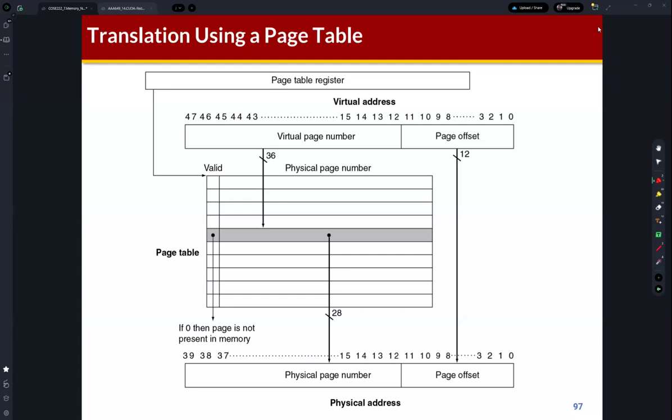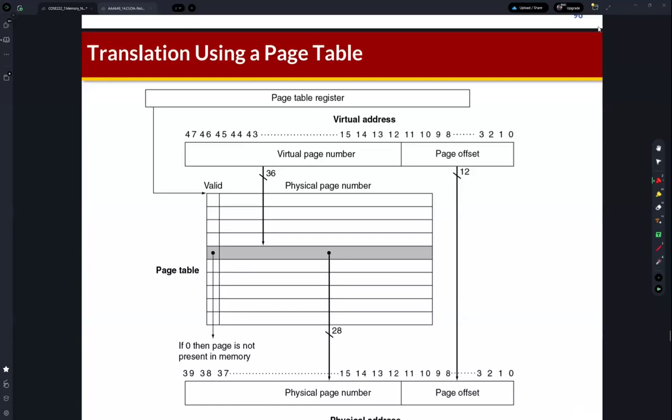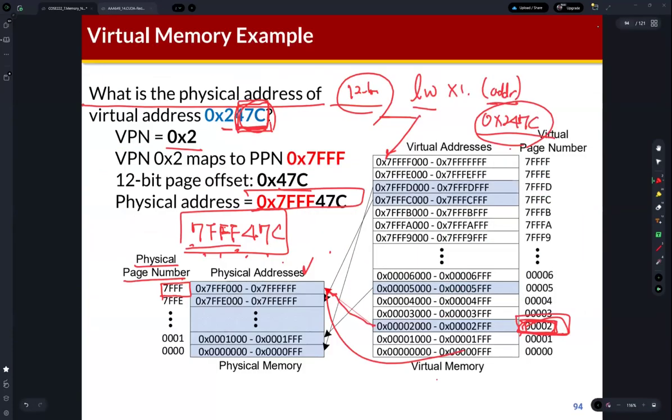Also, the virtual memory concept includes the hardware part. Okay. So I will explain how this mapping information is managed. So this is the concept. The virtual address needs to be translated into the physical address.